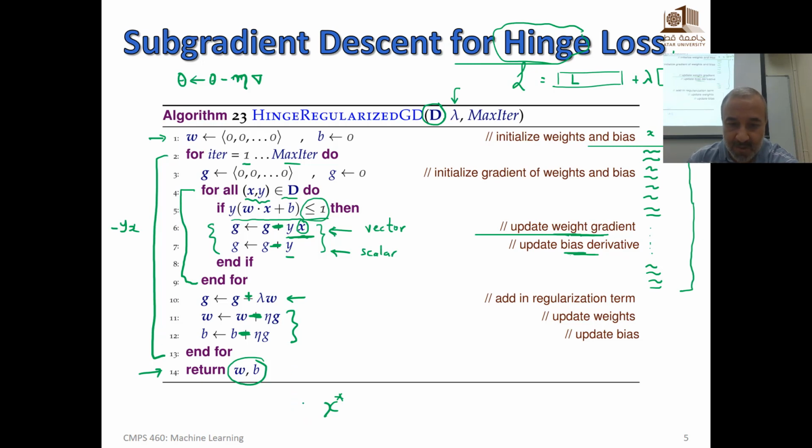So I will multiply x star by W and then add B. Now this is the predicted value. If this is greater than 0, then I will predict positive. Otherwise, I will predict negative. That's a linear model now.